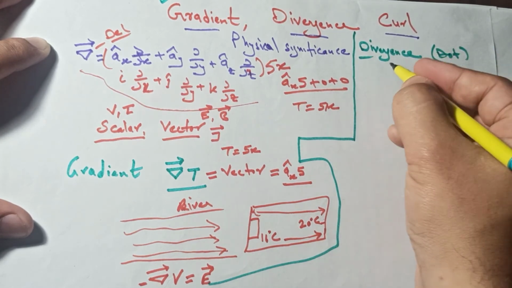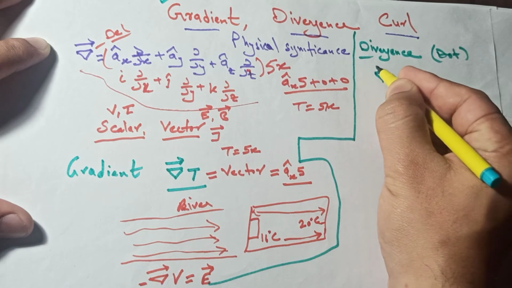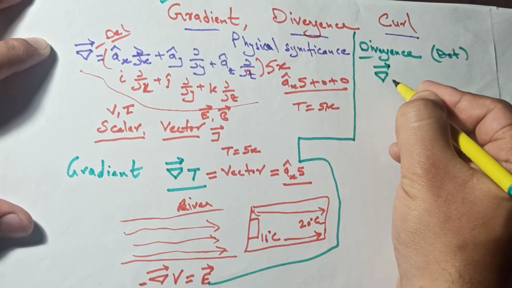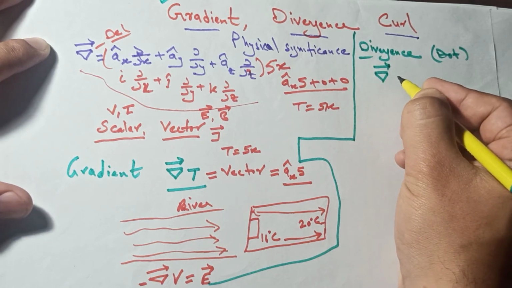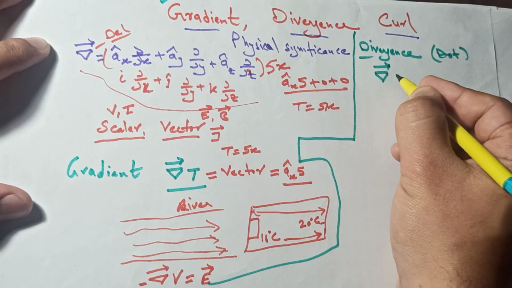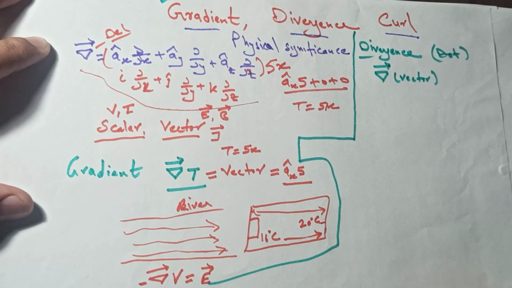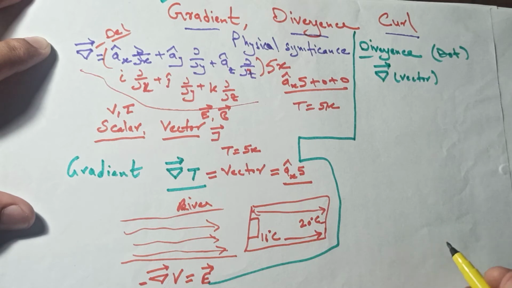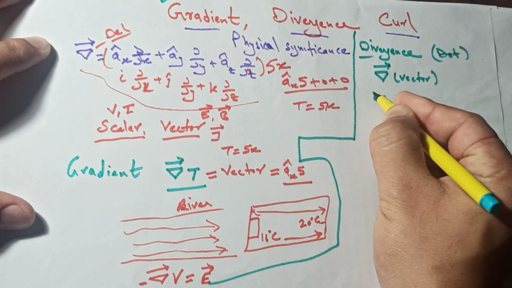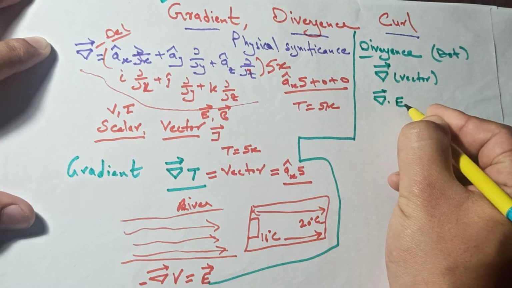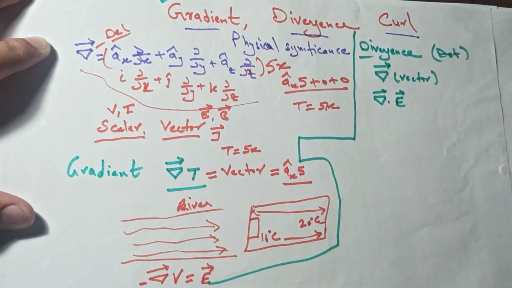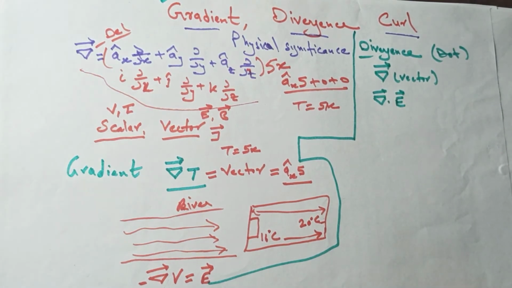So it is a dot product of the del operator with any vector quantity. Let us take the example of the electric field, del dot E. You can take any vector quantity, multiply it with del, and you will get the divergence.